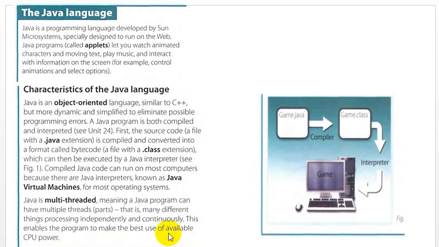Java is multi-threaded, meaning a Java program can have multiple threads, parts that do many different things independently and continuously. This enables the program to make the best use of available CPU power.